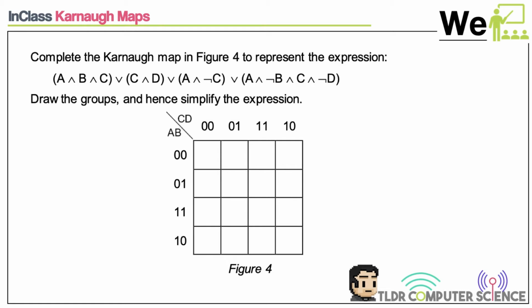Okay, people, let's try and do this question. I'll do the same as before. I will do this little color coding so we know which is which. For the red, we've got A and B and C, so I'll need to look for the intersection where all three of those are going to be true.